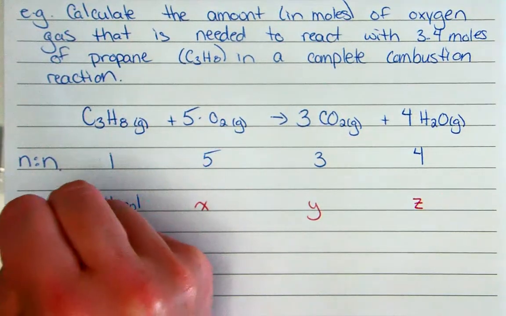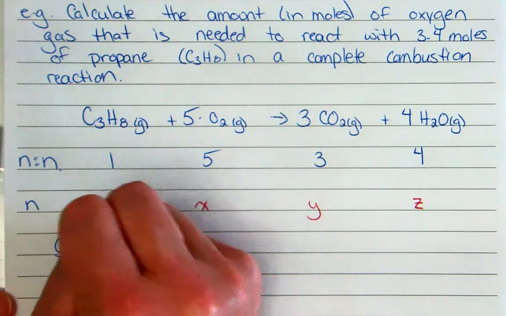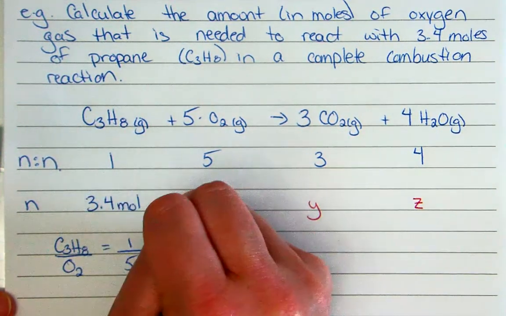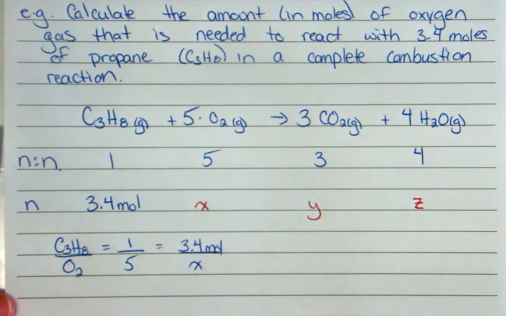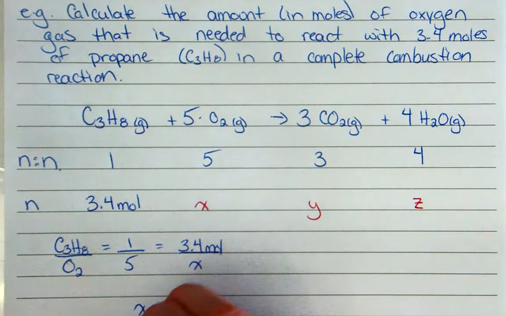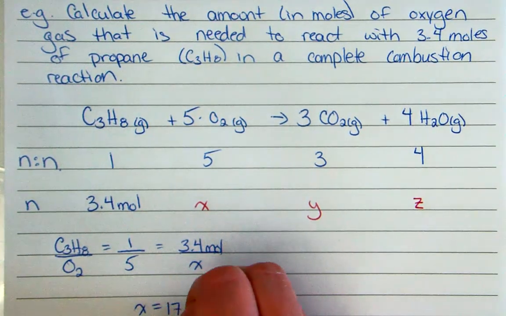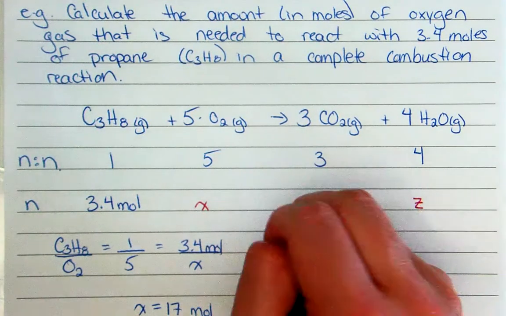If I had propane to oxygen, that is a 1 to 5 ratio. So I can solve for X. I'm going to get X equaling 17 moles. I can also compare this to carbon dioxide.